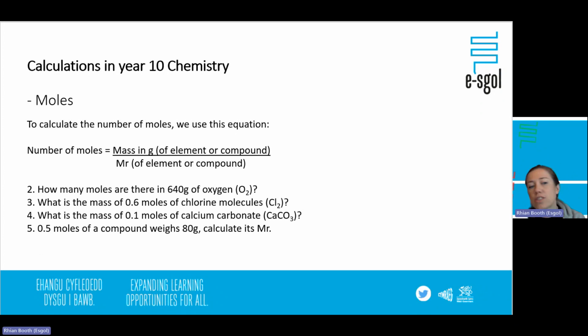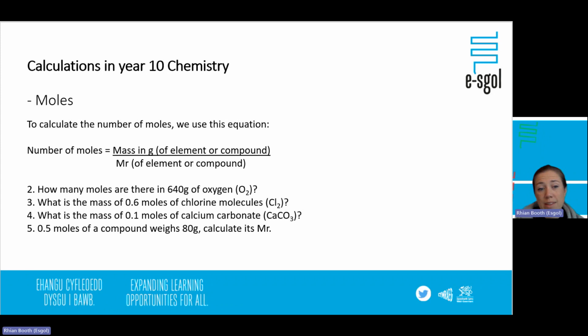Okay, so a few questions for you to work through now. I showed you an example of question number 1. Now we have 2, 3, 4, and 5 to have a look at. Question 2, how many moles are there in 640 grams of oxygen? I've put O2 in brackets there just to remind you that this is a diatomic molecule.